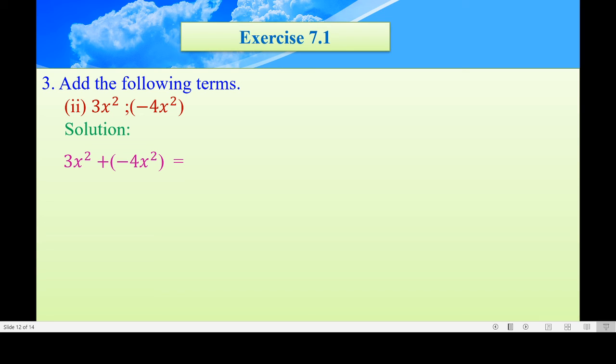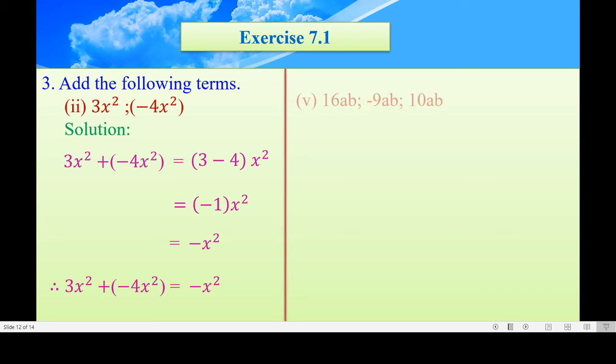Keep the variables separate and the constants separate. Therefore, 3 minus 4 into x square. So 3 minus 4, the value is going to be minus 1, and x square. So minus 1 into x square becomes minus x square. Therefore, the answer is going to be 3x square plus minus 4x square, which is equal to minus x square.